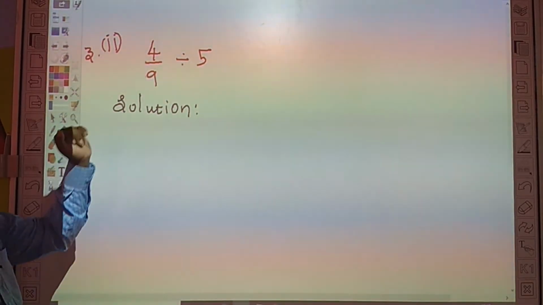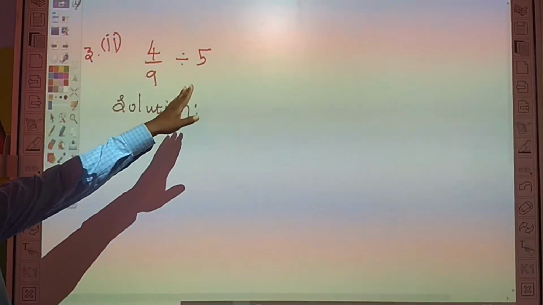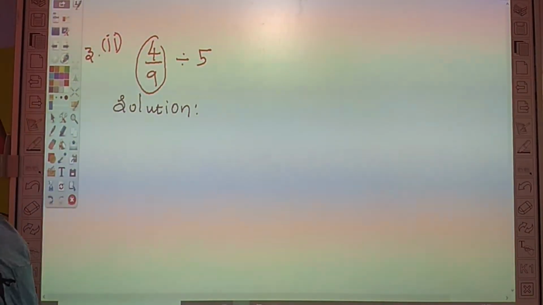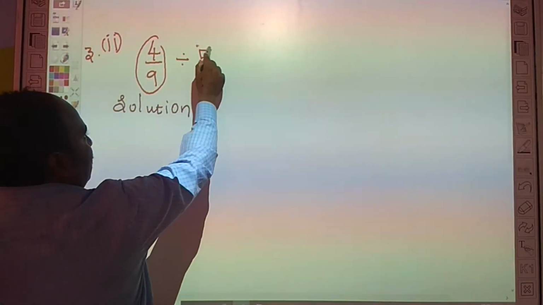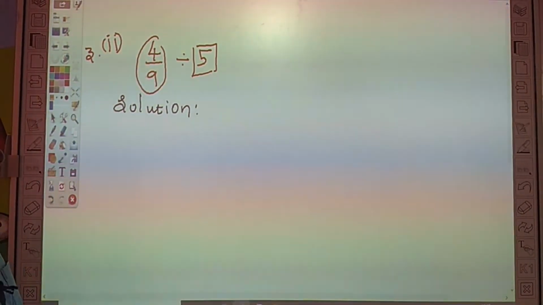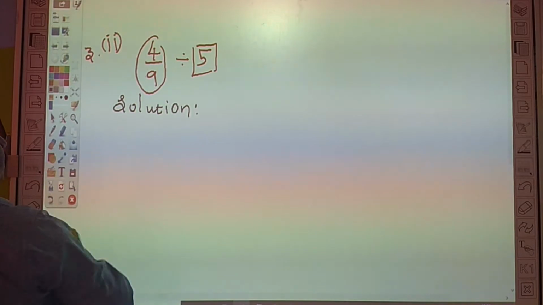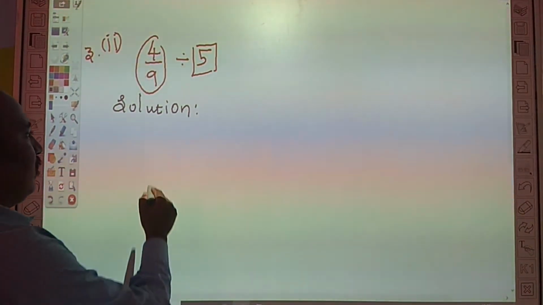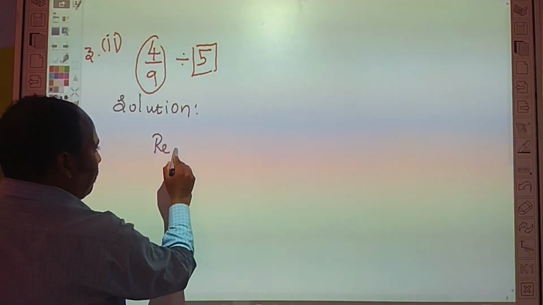Problem number 3, second one: 4 by 9 divided by 5. 4 by 9 is a fraction and 5 is a whole number. So you want the reciprocal of 5. First we write the reciprocal of 5.